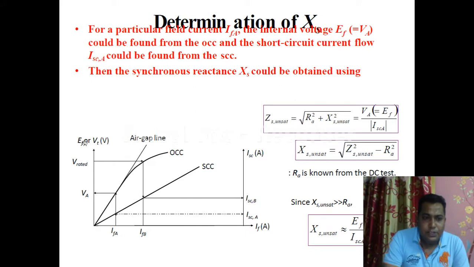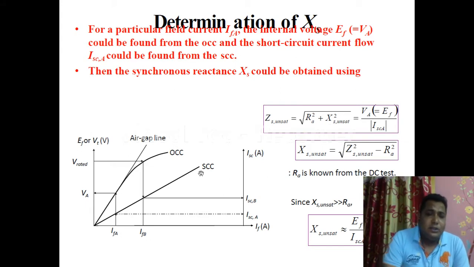Now coming to this particular graph, follow my pointer: this graph represents the OCC, the open circuit characteristics, and below it the straight line represents the SCC, the short circuit characteristics.